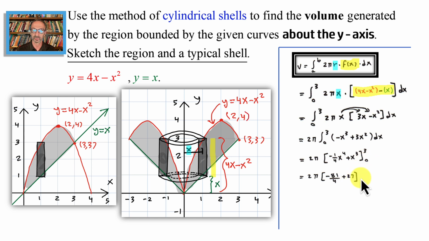One more time, we're not subtracting 0, there is no need. Simplifying the two numbers inside, I get 27 over 4. 2 and 4 simplifies to 2 at the bottom side, and that is 27 over 2 pi.